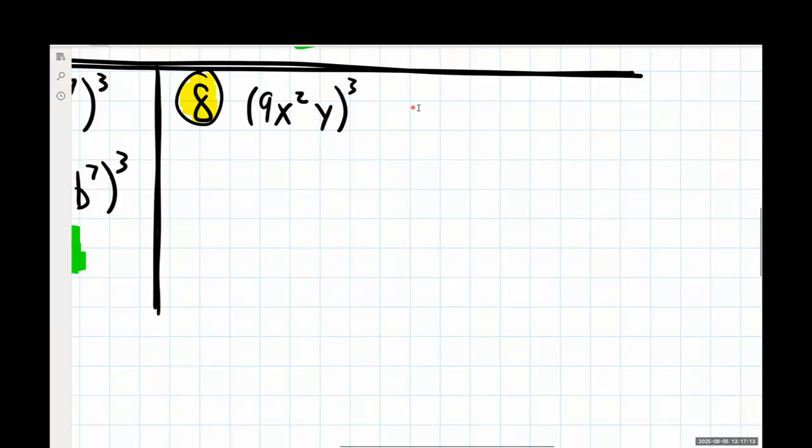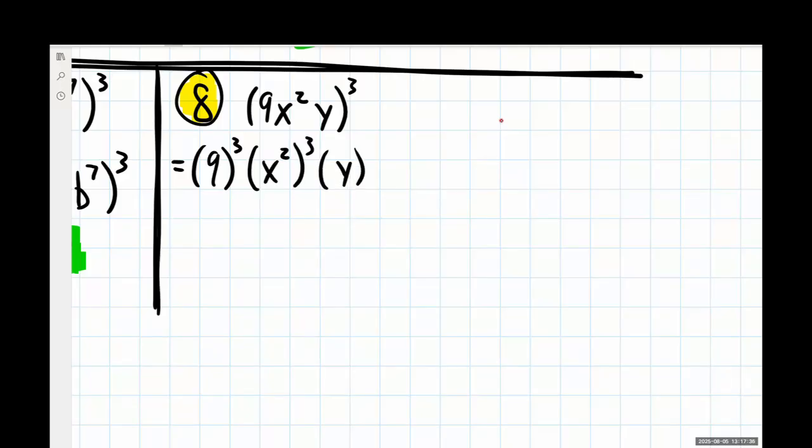What I can do is state that each individual coefficient and each variable and its exponent is going to be raised to that outside power. So we're going to write this out as 9 raised to the third power, x squared to the third power, and then y to the third power. I break this thing down into smaller parts, each being raised up to the third power.